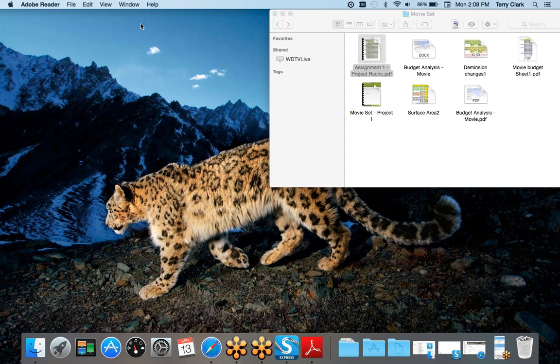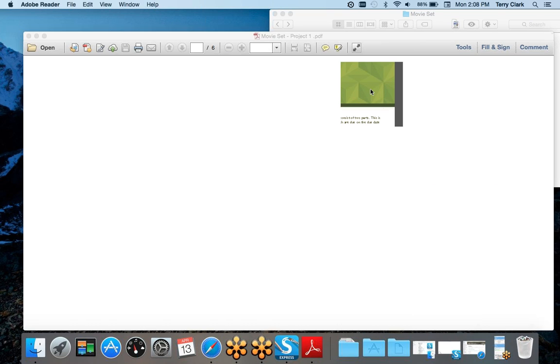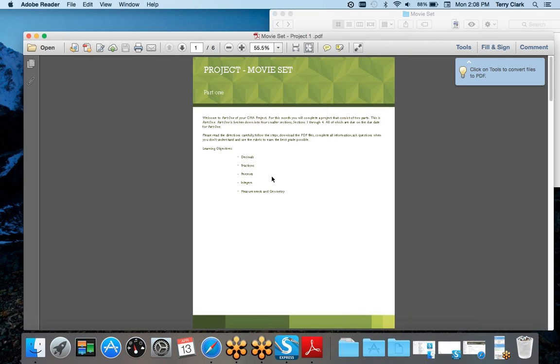Now, from the rubric, I'm going to go straight to the directions. Okay, and so when I look at the directions, it lays out what I should be doing and how my work should be done. Now all your work, because you're going to have multiple files, needs to be put in a zip file.